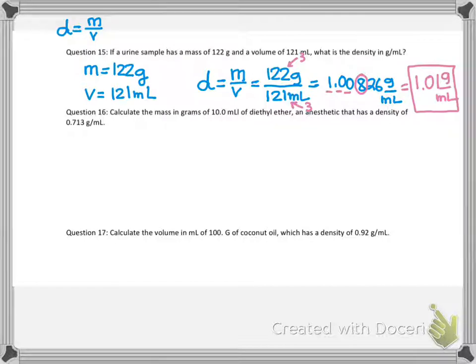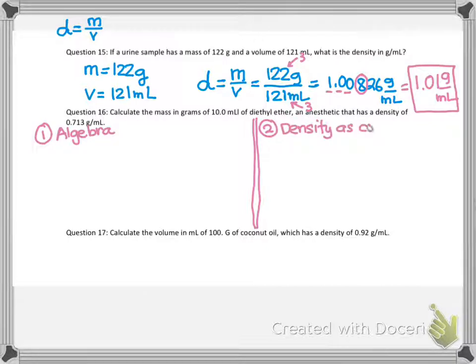So now let's look at question 16. I'm actually going to show you two ways of doing this problem. Draw a line in the middle. You don't have to do both ways; I just like to show two. There's algebra, and then there's conversion factors.